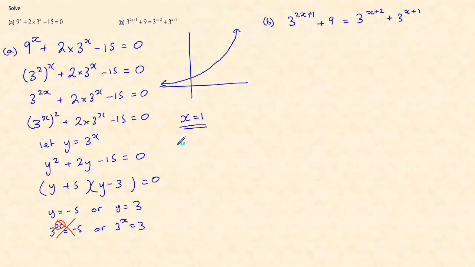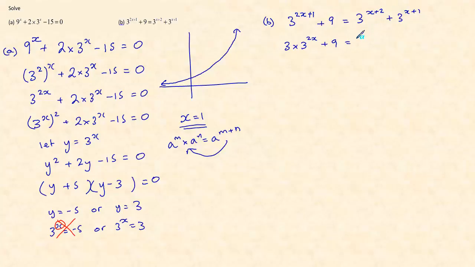Now, we have an index law that says a to the m times a to the n is a to the m plus n. If we apply it in this direction, on this term, and this term, this one becomes 3 times 3 to the 2x, then we've got the plus 9.